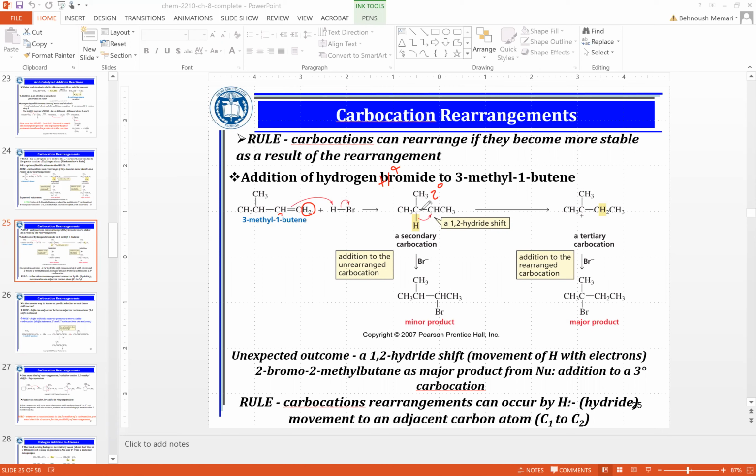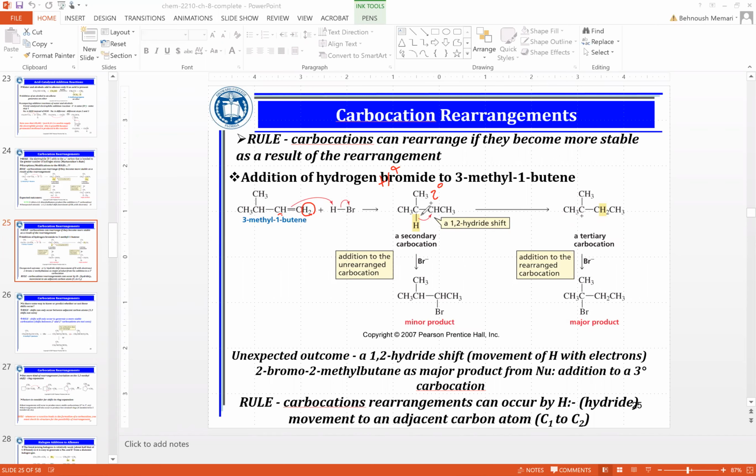If the carbocation has formed and it is secondary, okay. If the carbocation formed was tertiary, we would just stop there. There is no rearrangement. There is no benefit for rearrangement. Why would it go from tertiary to secondary or primary? But if the carbocation is primary or secondary, then you look around at the adjacent carbon. Is there a possibility for rearrangement to go to a higher order or not?